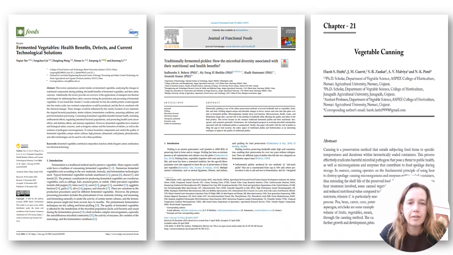Then we have the traditional fermented pickles, how the morphological diversity is associated with the nutritional and health benefits. We have these traditionally fermented pickles because we have the traditional fermented system.